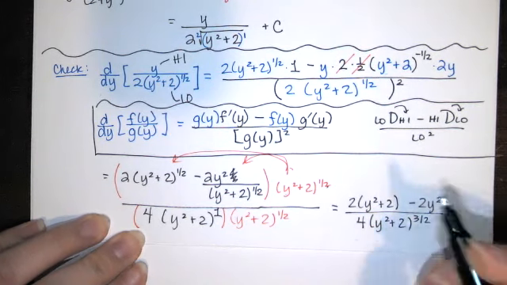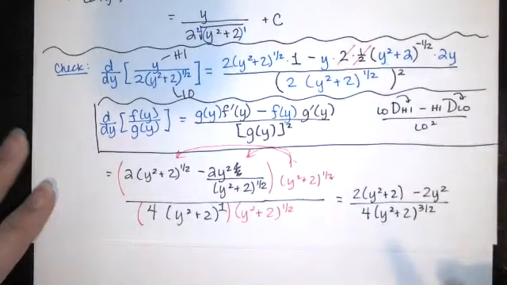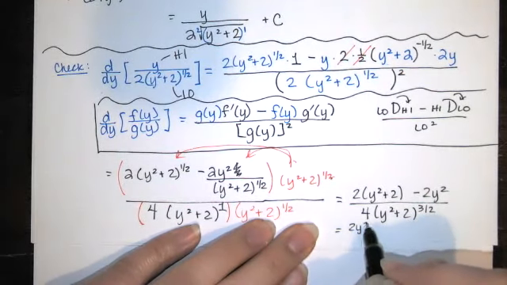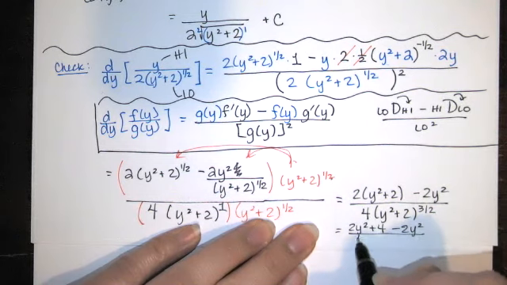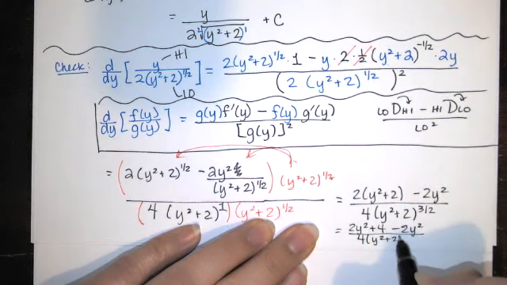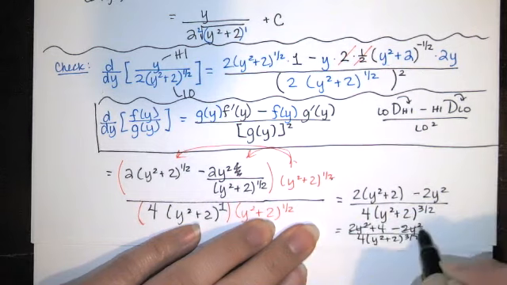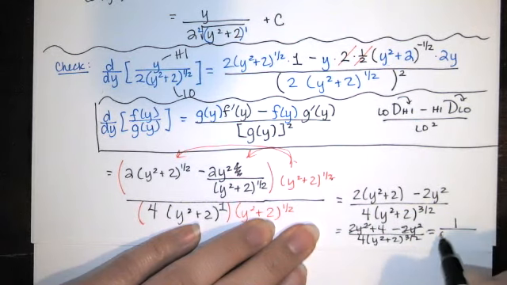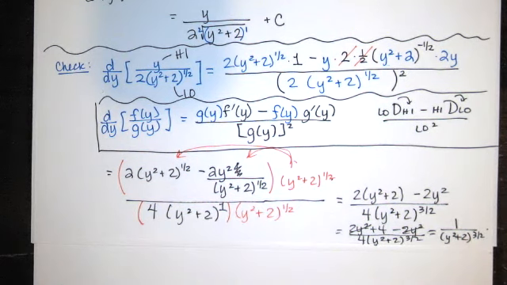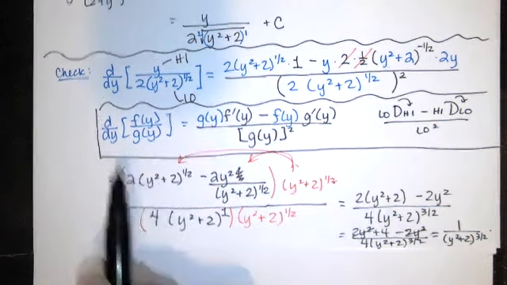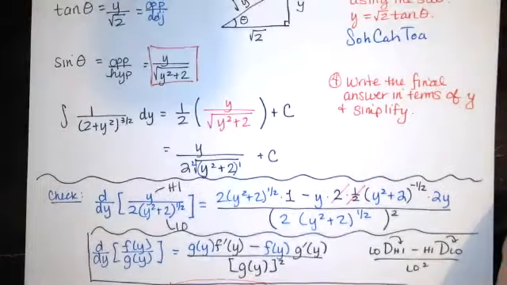And what do we get? Well, if we distribute, we've got 2y squared plus 4 minus 2y squared all over 4 times y squared plus 2 to the 3/2. These guys reduce, the 4's reduce, and we end up with a 1 over y squared plus 2 to the 3/2. Okay, and that's exactly what we're supposed to get.